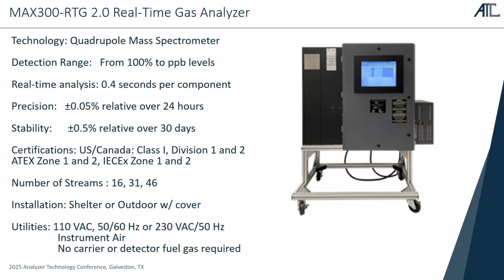And what that allows us to do is a number of things that are actually really beneficial in the CO2 measurement. One is that it gives us the ability to measure a very wide range of concentrations. So direct mass spec can measure compounds from 100%, like your CO2 in the stream, all the way down to the ppm level, like a lot of those impurities.